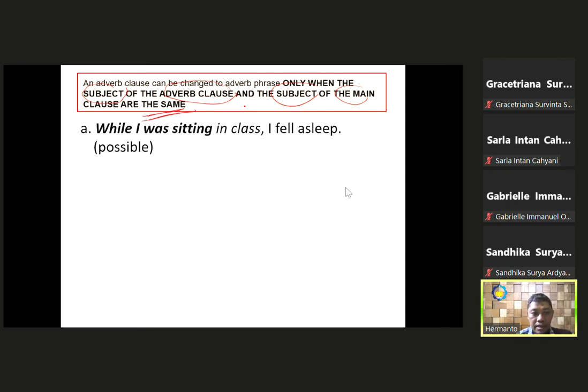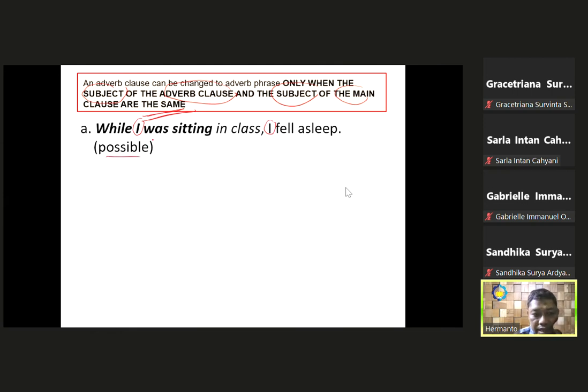For example, here in sentence A, "while I was sitting in class, I fell asleep." What is the subject in the adverb clause? I. What is the subject in the main clause? I. The two subjects are the same, so it is possible.